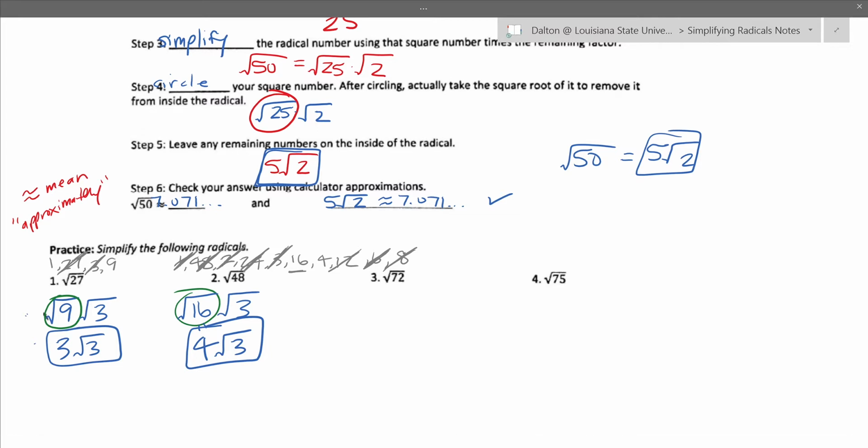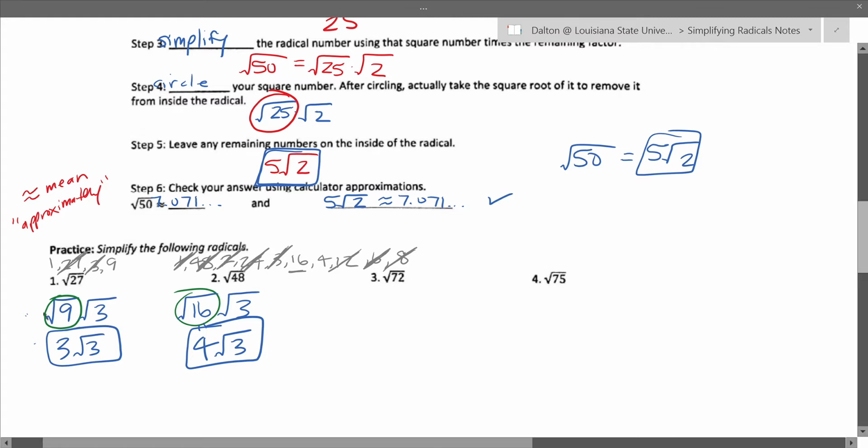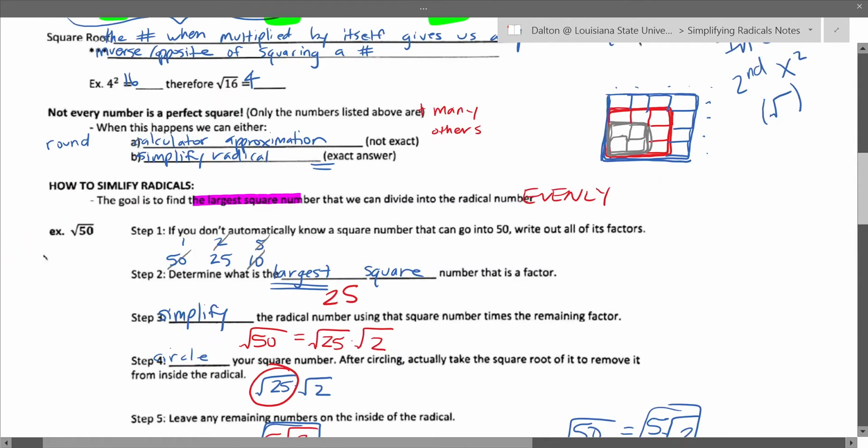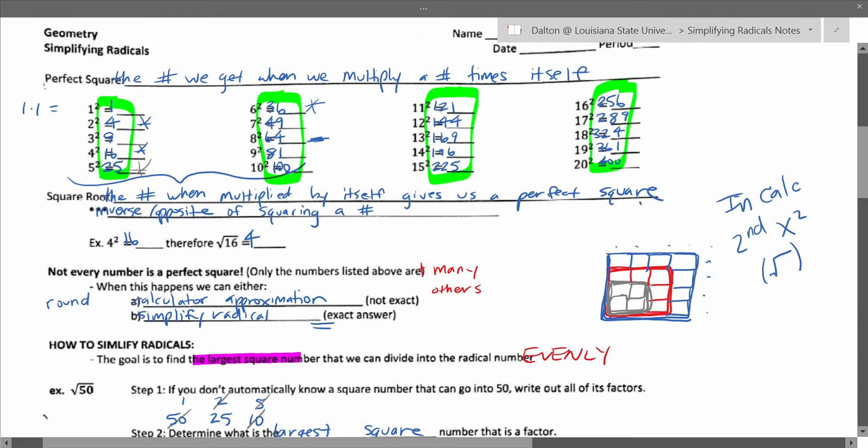Okay, then we got the square root of 72. Now another way, instead of writing out all the factors, something else you could do is go up here and look at your list of square numbers. You realize 72 isn't on the list, right? But if it were on the list, it would be somewhere in this range, because there's 64, so it'd be here.